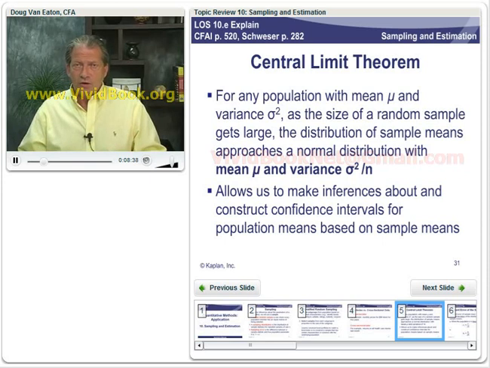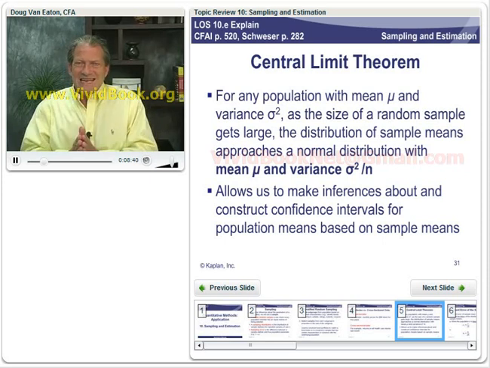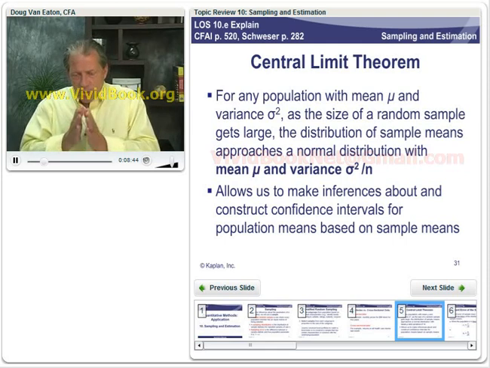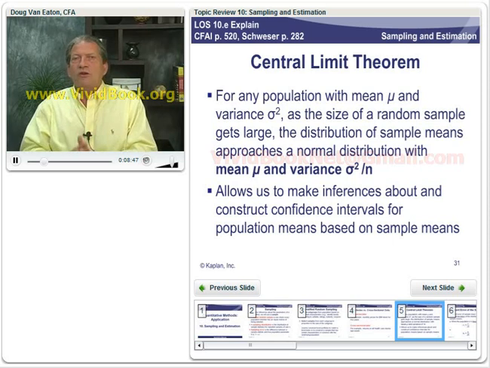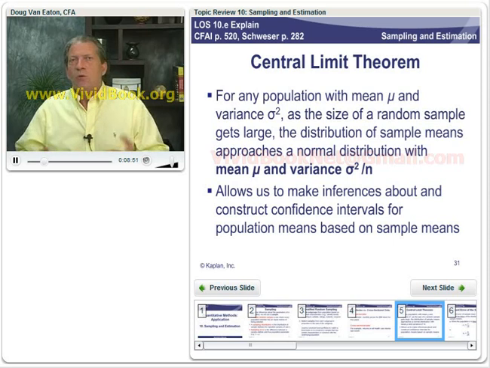And also, the mean of my sampling distribution is going to get really close to the true mean. So that's why we use this central limit theorem, because then I can use the characteristics of the normal distribution to put a confidence interval on the true mean.